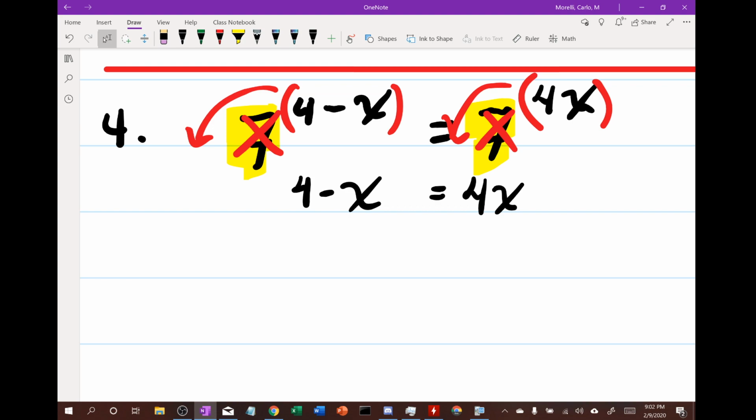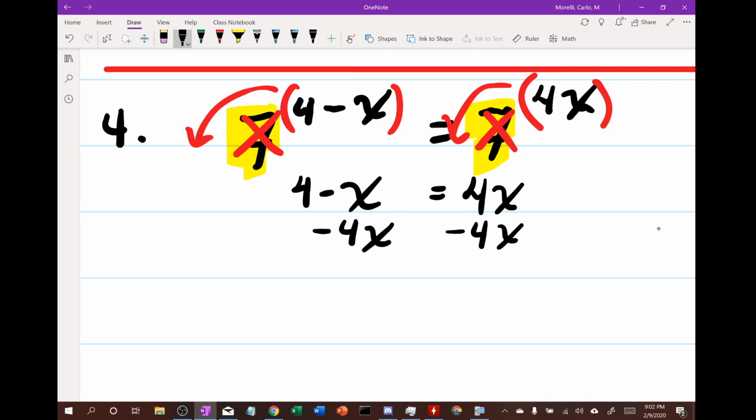Okay, how do I solve this? You gotta move the 4x left. Yep. So I'll do minus 4x on both sides.